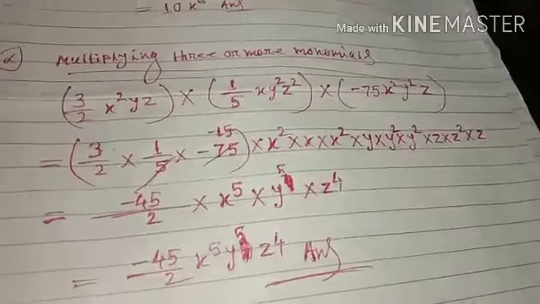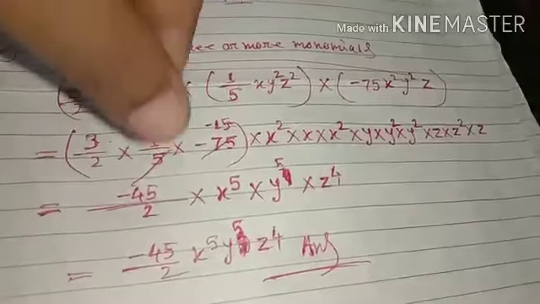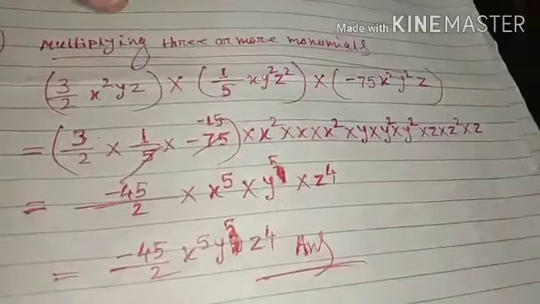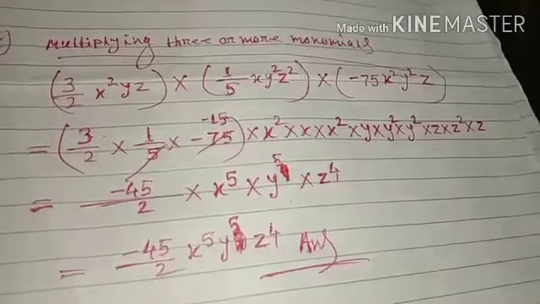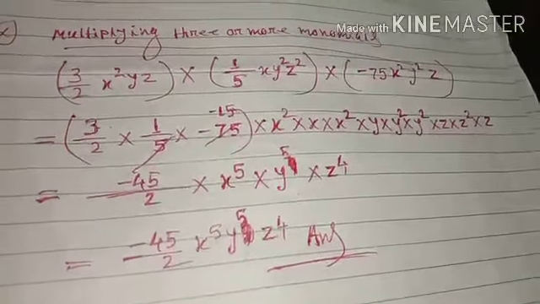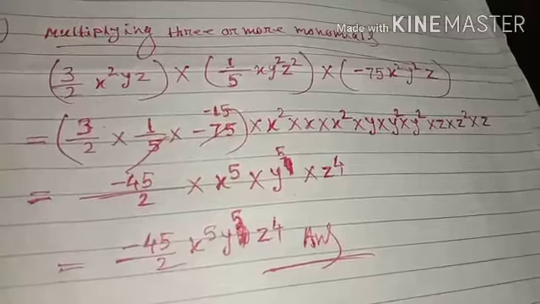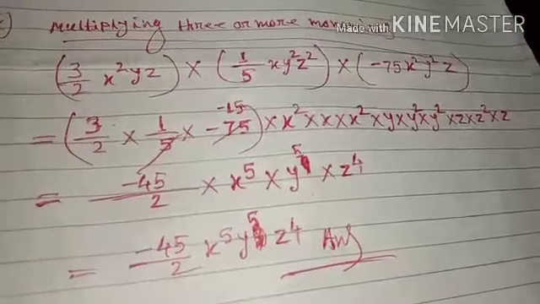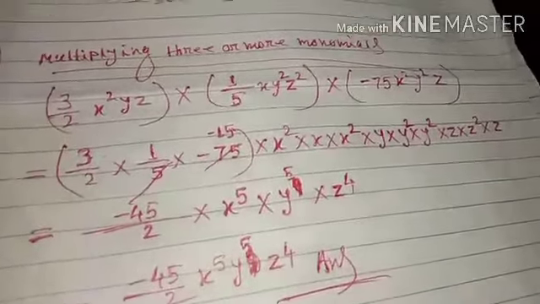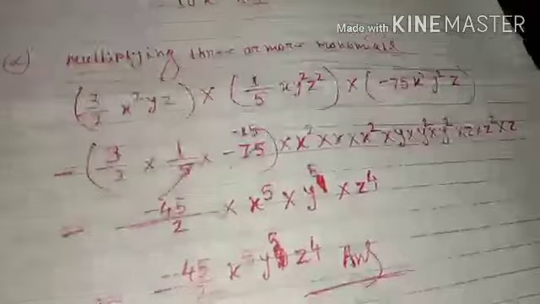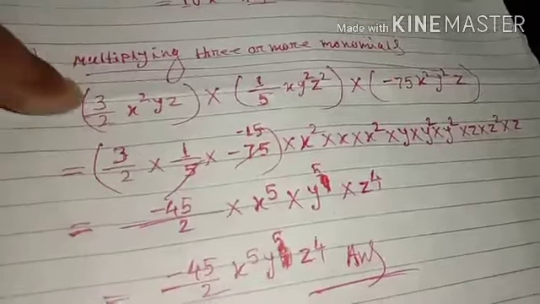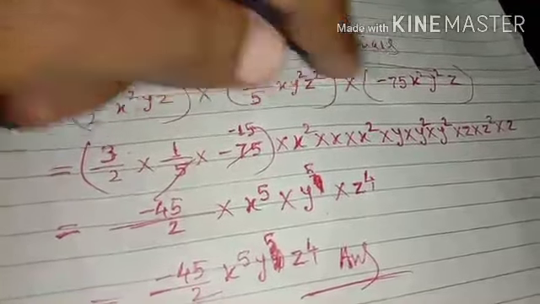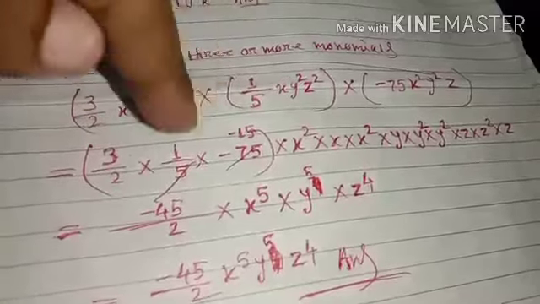Actually, this is one procedure. When you become familiar, you can do this type of multiplication in one line. Suppose 3/2 into 1/5 into −75, if you know, you cut down.